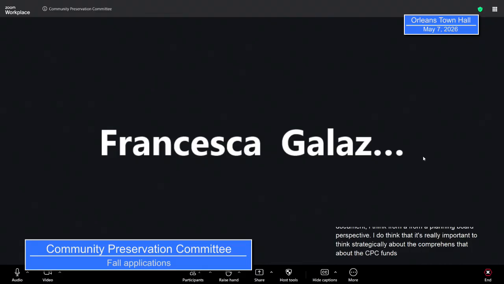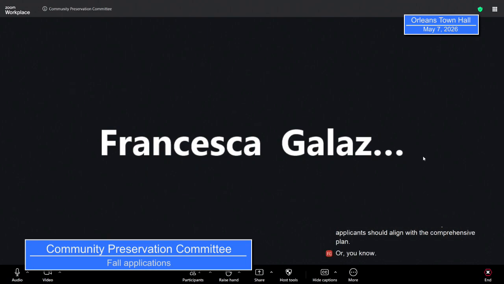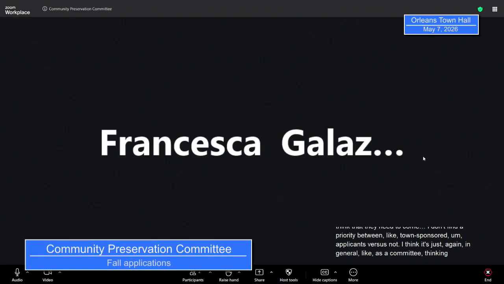In general, applicants should align with the comprehensive plan or town expressed needs, but I don't find a priority between town sponsored applicants versus not. It's just, as a committee, thinking strategically in that way.